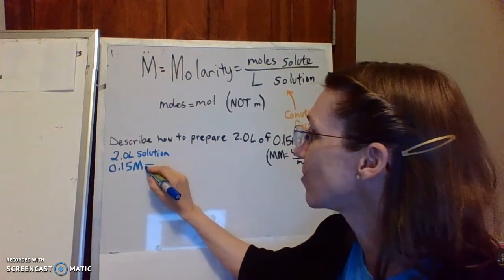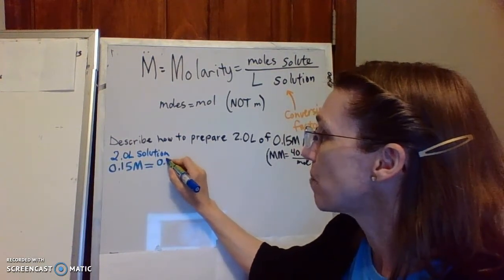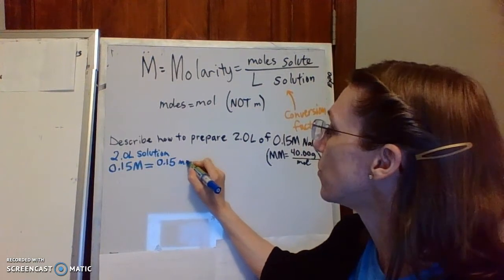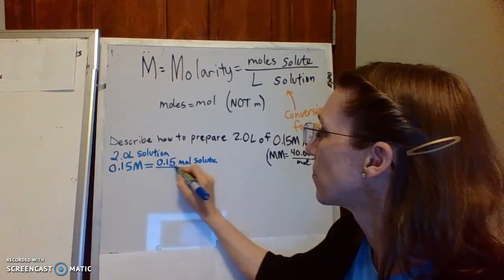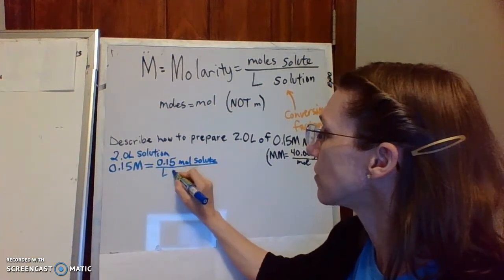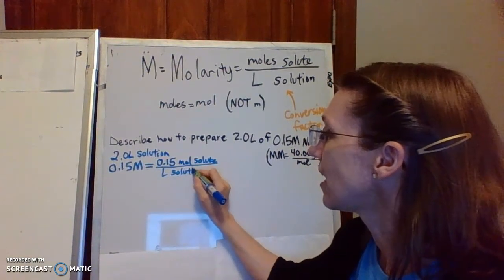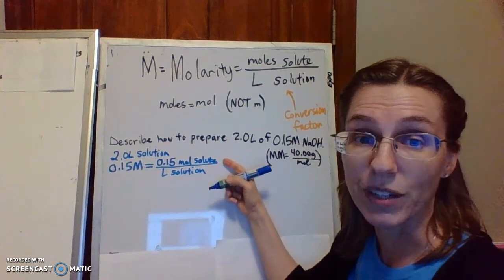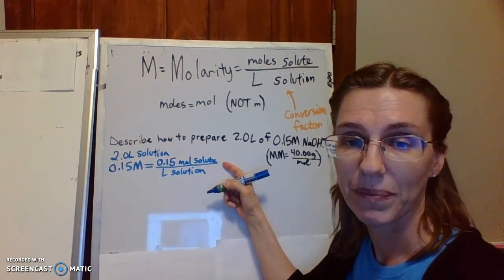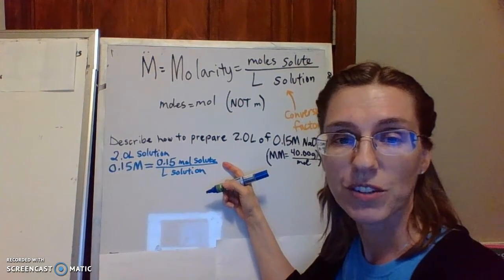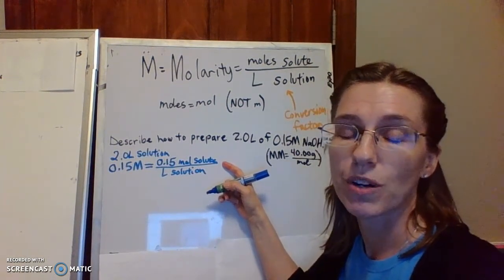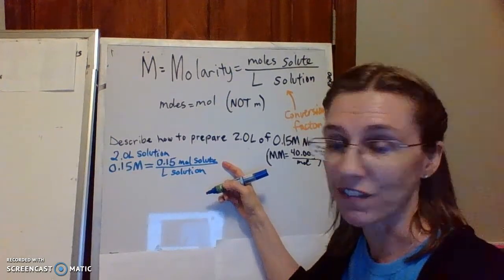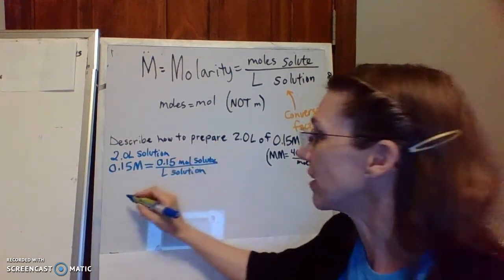So molarity you can't do anything with, but if we change this to moles of solute per liter of solution, now it's a conversion factor. We can work with that. Okay? Just like we saw with percent concentration, in most cases we're going to start with the number that's not the conversion factor. That's this guy up here.